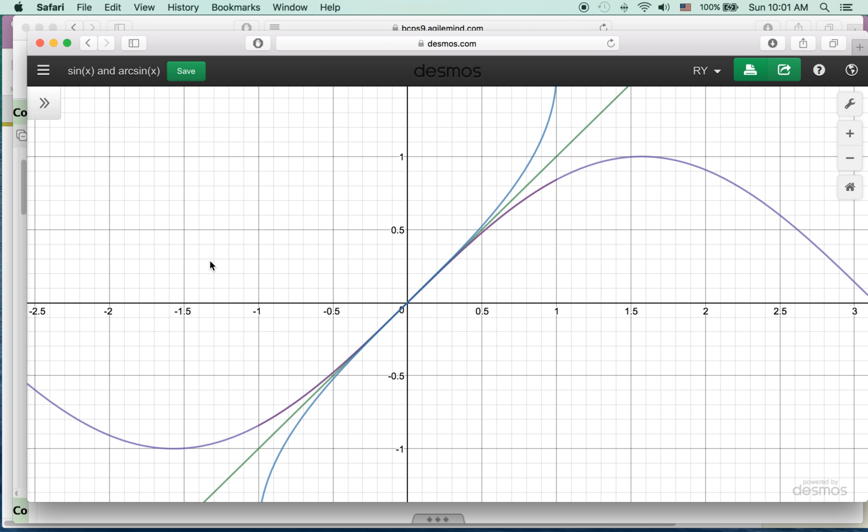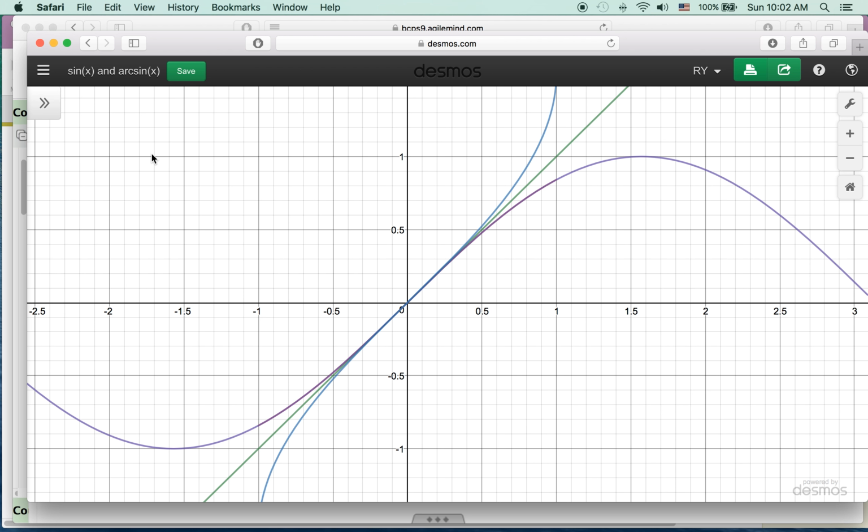The purple function is sine; it goes on forever. The blue function is arcsine. If you look at this with respect to y equals x, the green line, you see that the functions are symmetric about this line. Everywhere that these are inverses, they are symmetric about y equals x.